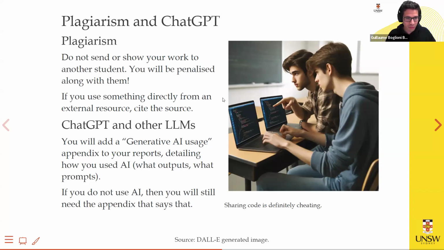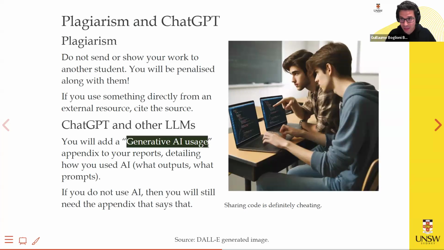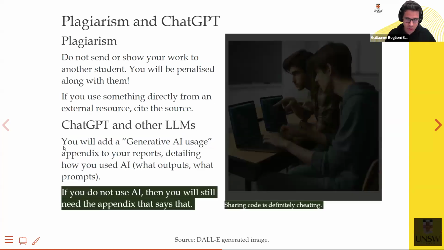okay, if you use something directly from an external source, you need to cite it, and this includes the AI, right? So I will ask you explicitly to have a generative AI usage appendix in your main assignment. You explain in detail how you've used AI if you use it. If you haven't used it, I will still ask you for this appendix, but then you'll just say, I haven't used it, which these days is quite unlikely, but I know some people just don't like AI.